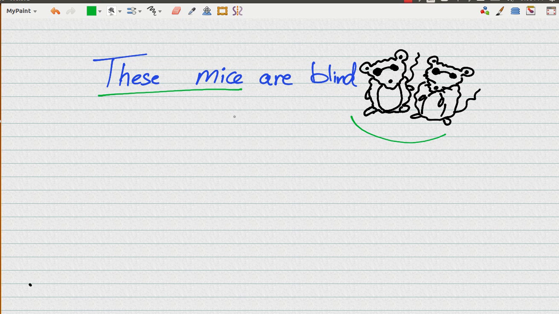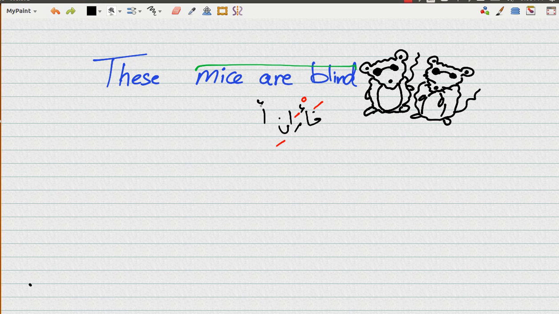If we assume that they are two, then the translation would be: mice are blind translates to فأراني أعمياني.